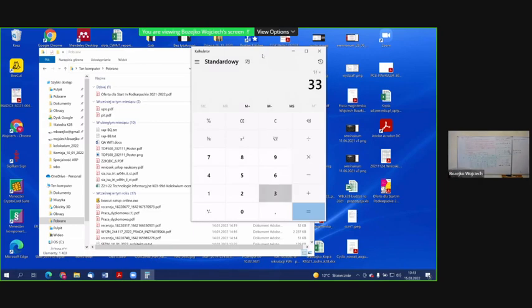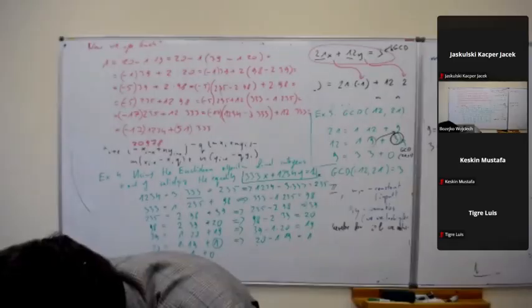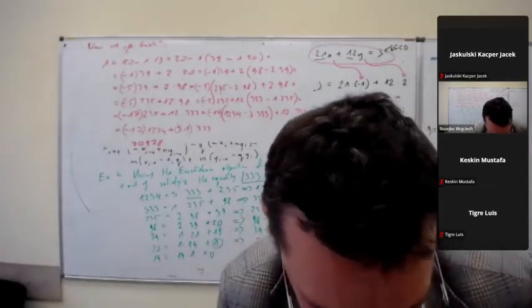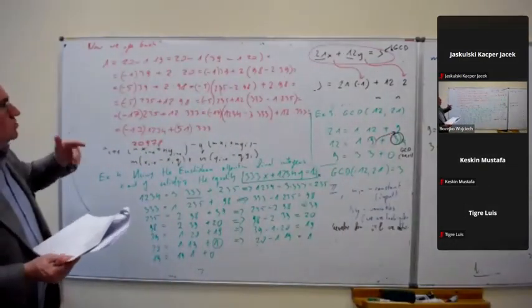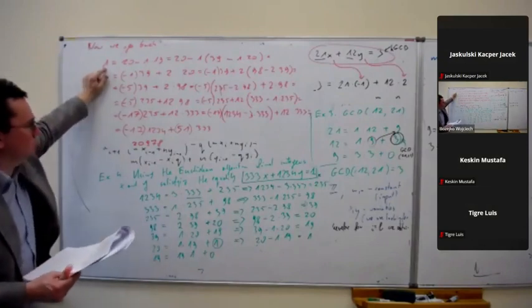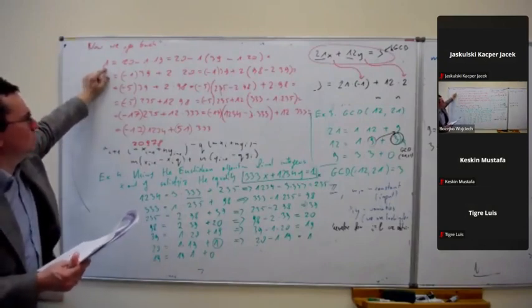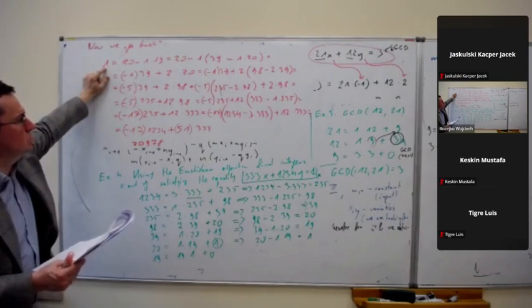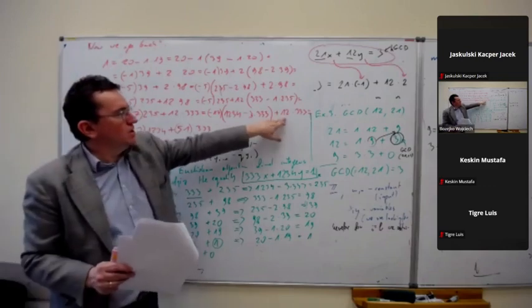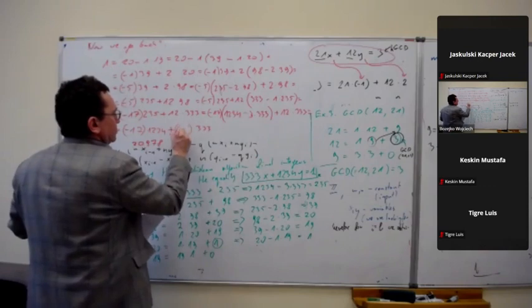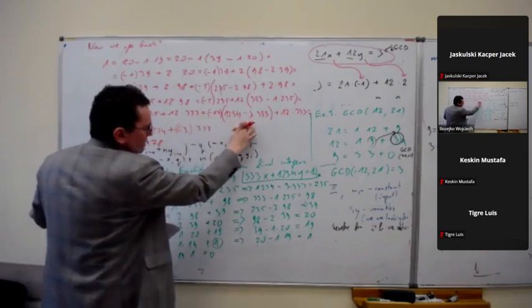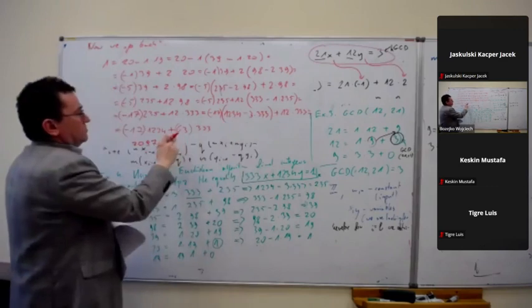Now 51 times 333. Ooh, no, something is bad. Just a second. We should have some error somewhere here. But where? Because of course the result should be 1. So something is bad. But what is not good here? Yeah, sorry. Plus 12. 51 plus 12. So we have 63 finally here, because this is 17 times 3, 51 with the plus 12 is 63.